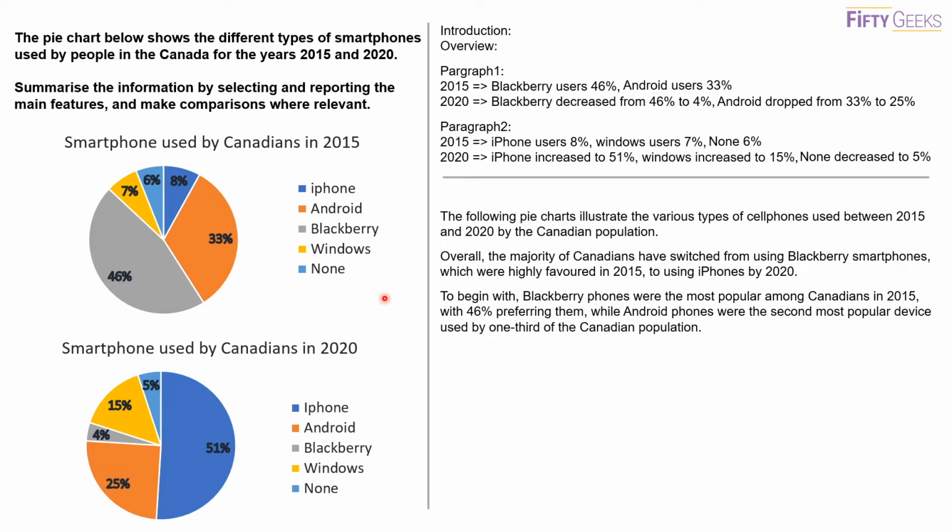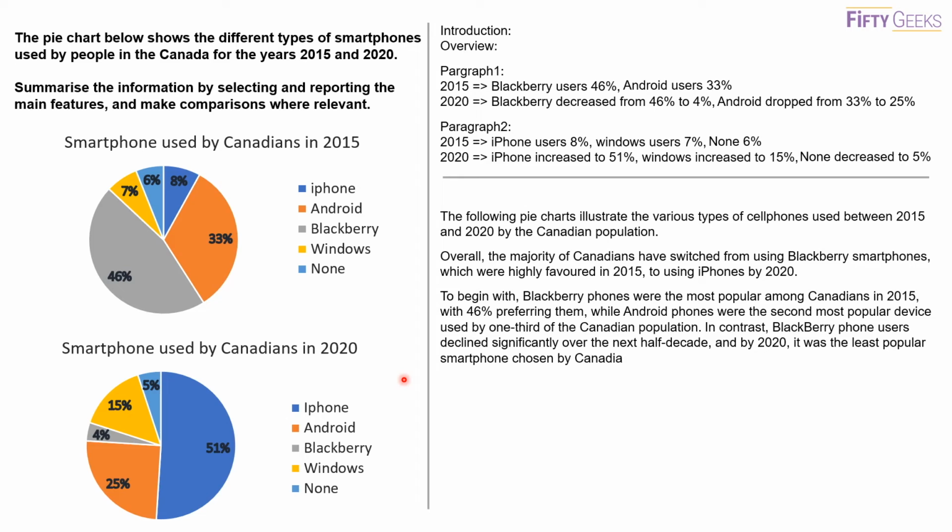Then I will show how their proportions changed from the year 2015 to 2020. I will write, in contrast, BlackBerry phone users declined significantly over the next half decade, and by 2020 it was the least popular smartphone chosen by Canadians, accounting for only 4% of the total.